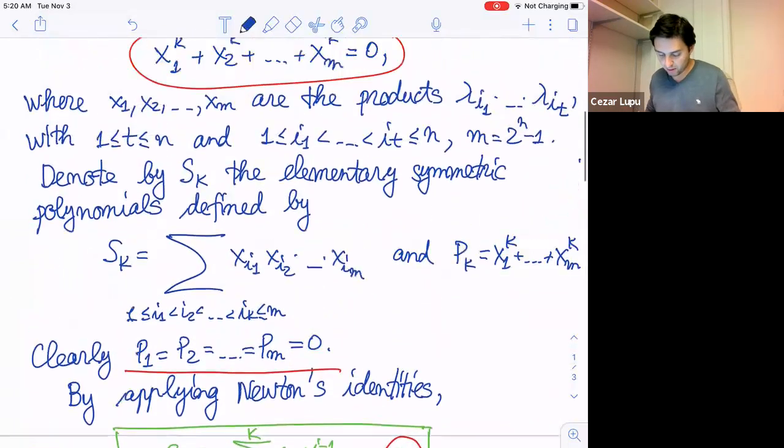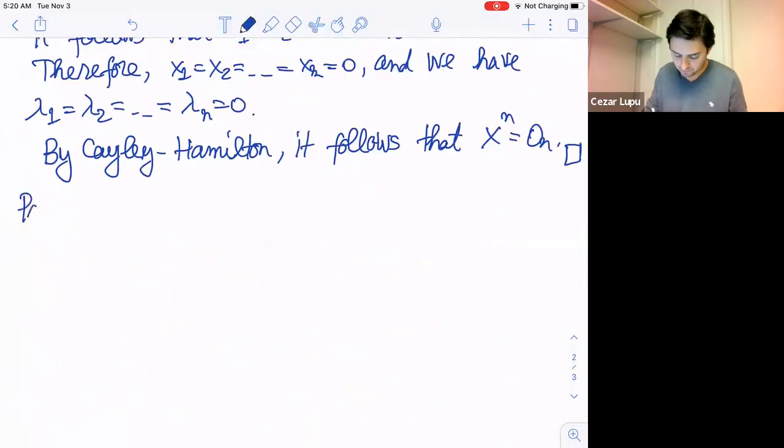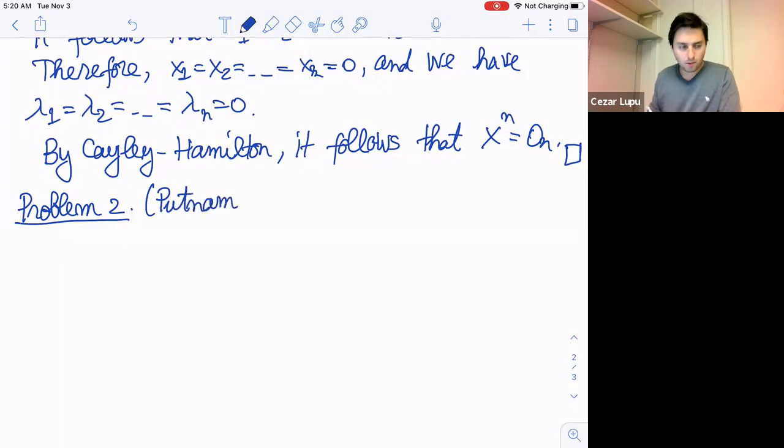So this was problem 1. Problem 2 says the following, and I wouldn't say it's a tricky one, but anyway, this was Putnam B1, 1969.